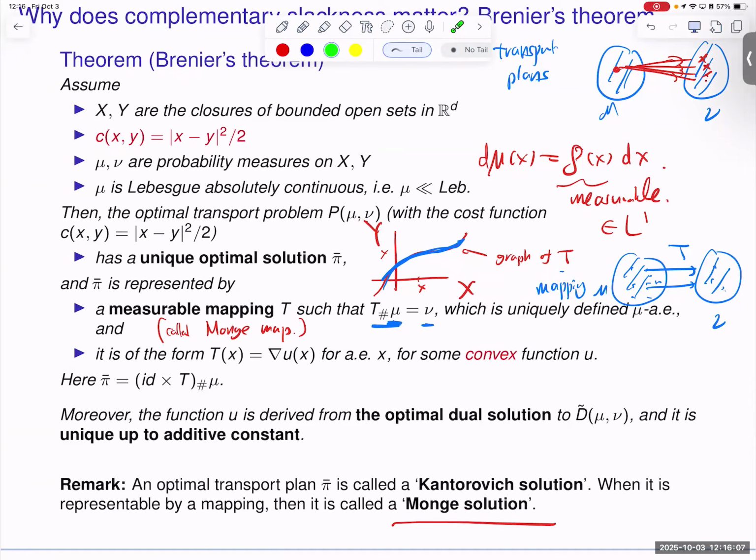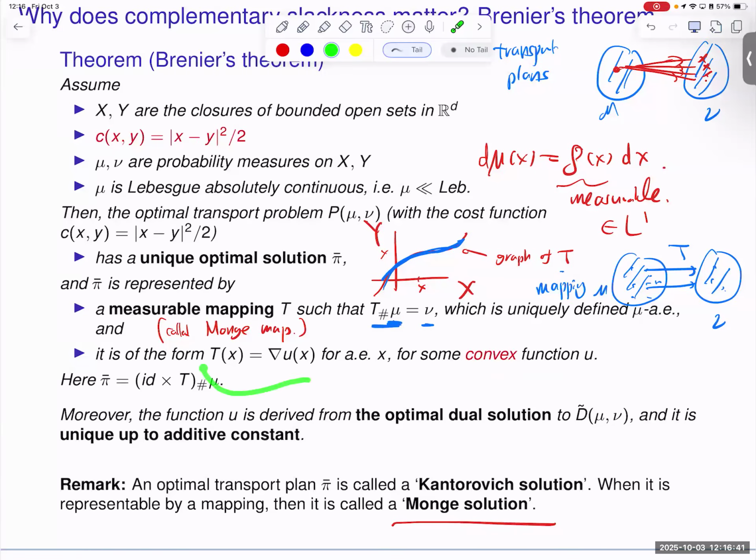And more interestingly, such a map has a very special nature: it is the gradient of a convex function. Brenier's theorem is very remarkable in the sense that it connects optimal transport with just Euclidean convex analysis.